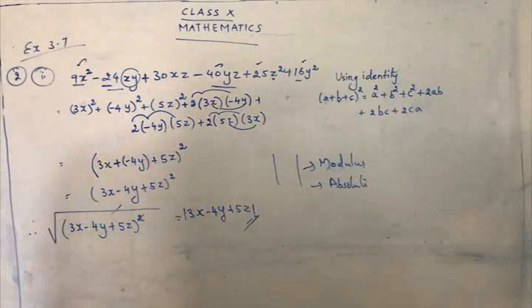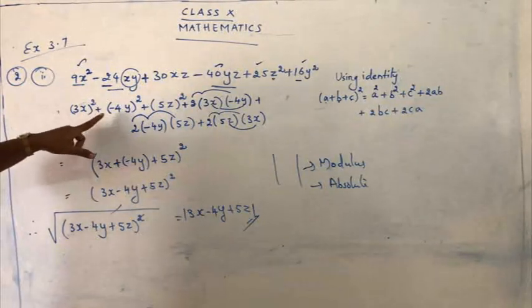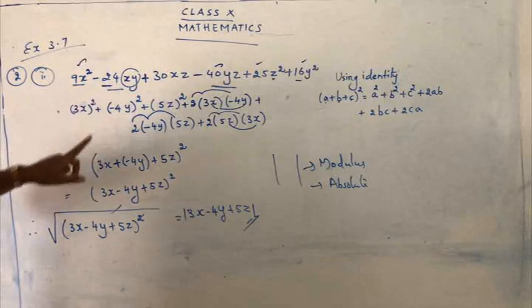I hope the sum is clear to you. We have done the sum very slowly. I have just explained you step by step. So take down the question properly and just go with the steps carefully. Do not miss any signs. If you miss the sign, everything goes wrong. So be careful with the sign.